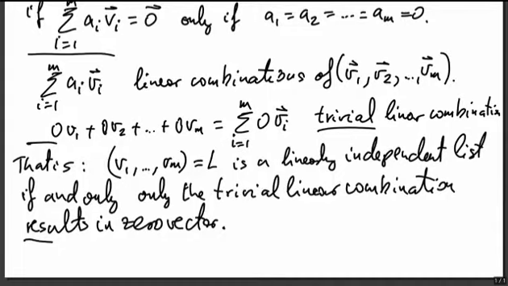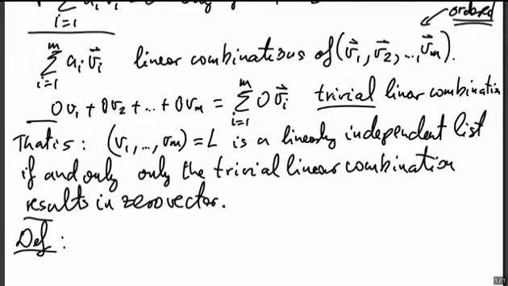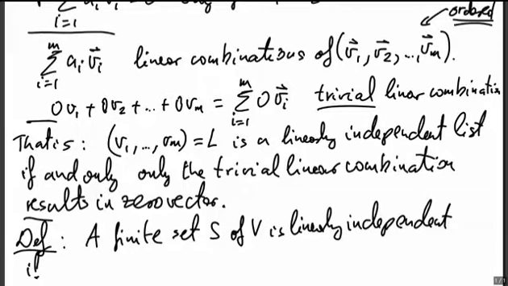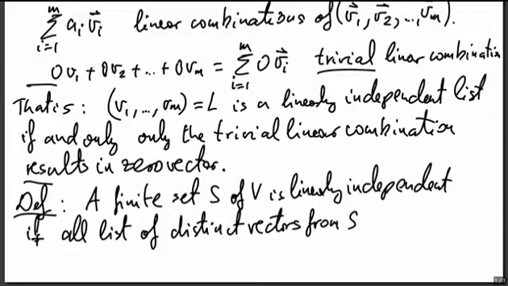Sometimes instead of a list, I should remind you that means ordered list, sometimes you want to talk about a set in general. So this is another definition. A finite set S of V is linearly independent if every list of distinct vectors from S is linearly independent.